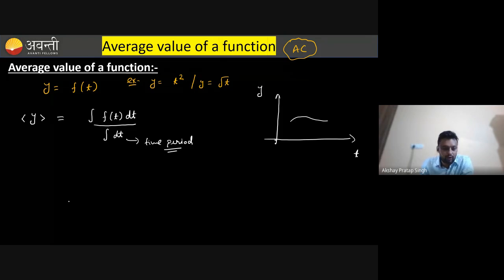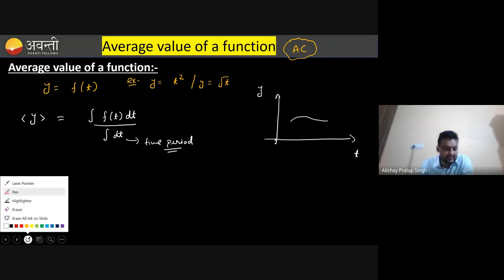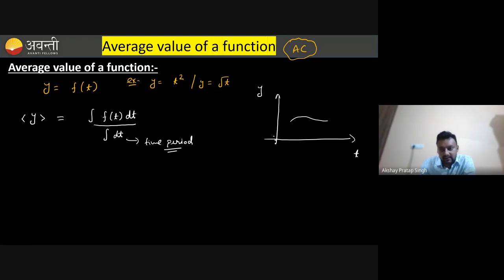If you look closely, or if you have studied in class 11th, the integration of f(t) dt is the area under this graph. Try to remember each and every term I am saying. This integration of f(t) dt is the area of the y-t graph.